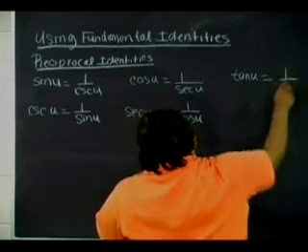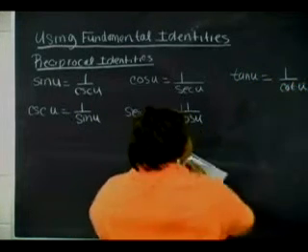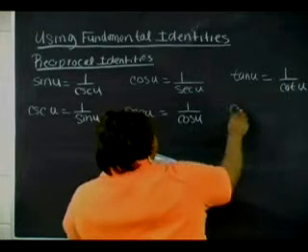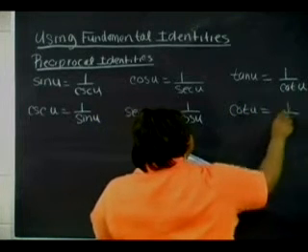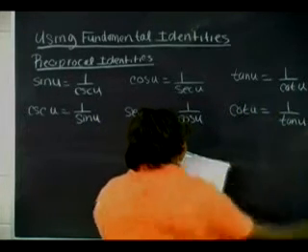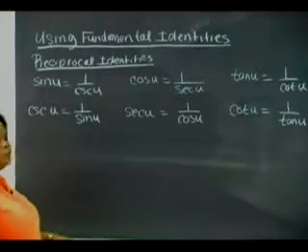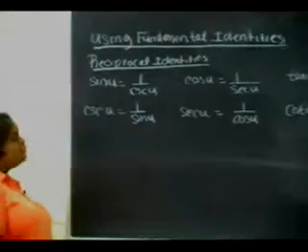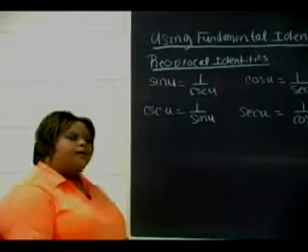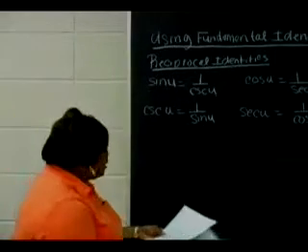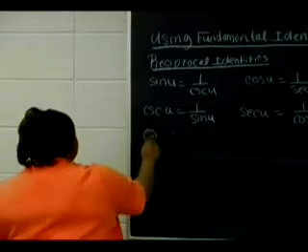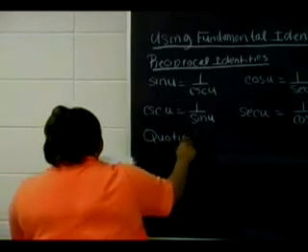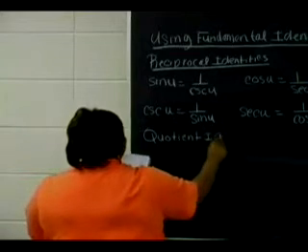Tangent u is 1 over cotangent u, and cotangent u is 1 over tangent u, okay? We've talked about these reciprocal identities before, and today we're going to be using them to solve some problems. We also have the quotient identities.